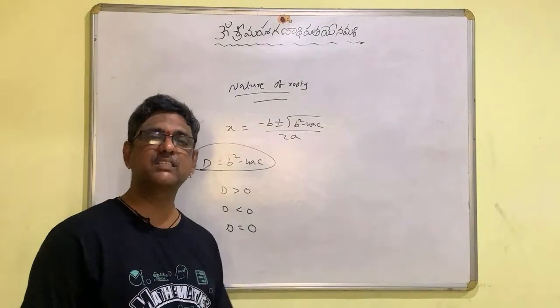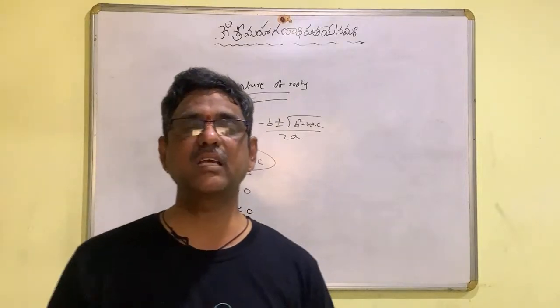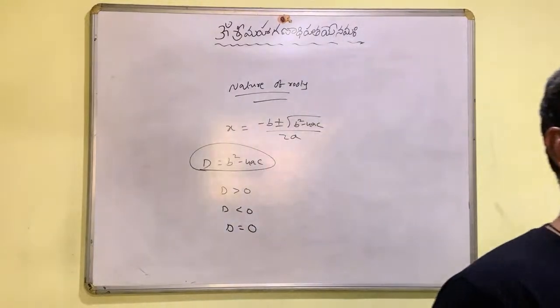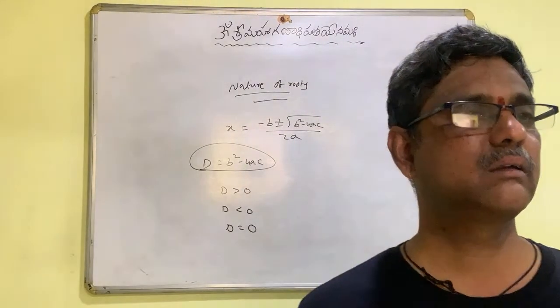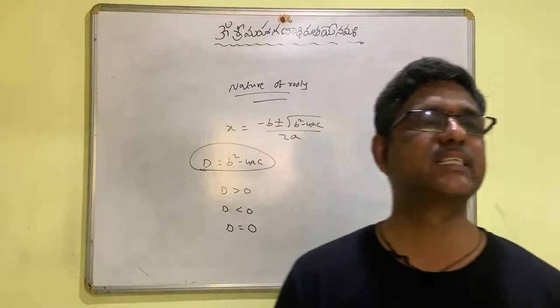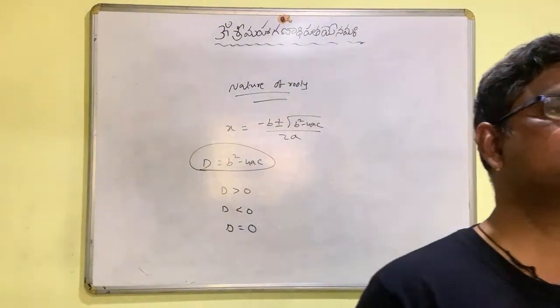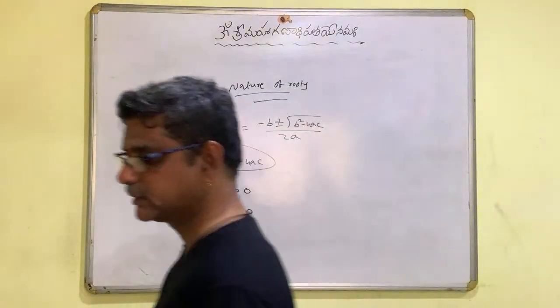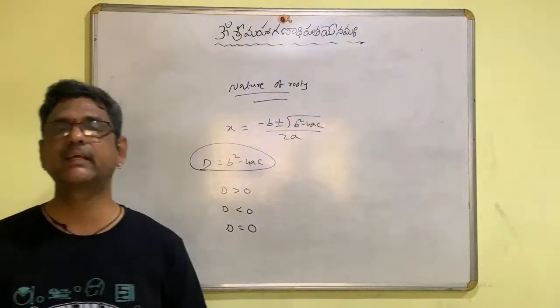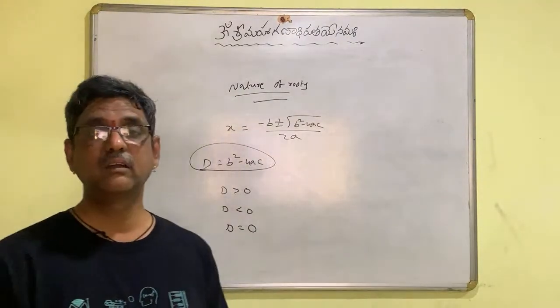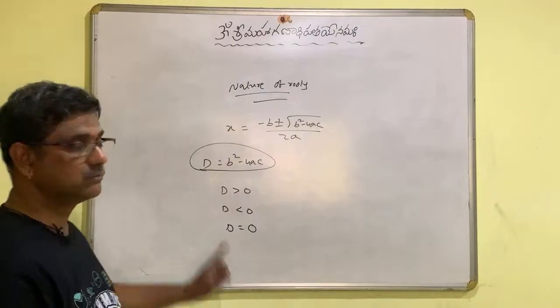First of all, let us understand what is discriminant. Discriminant is a value, a number, which decides the nature of zeros of a quadratic equation. Nature means whether they are real or not. It depends upon this value.